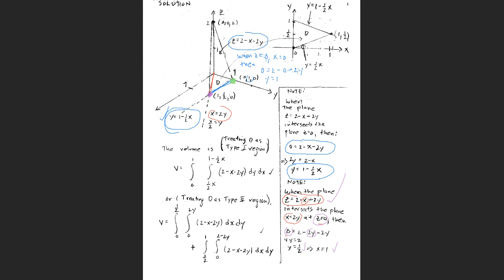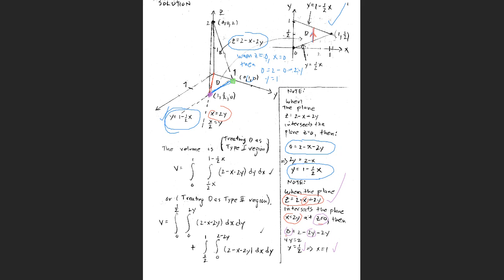Okay? So I'm trying to show you in some detail why this is true. Now, what's happening is we have this region D here. I redrew it here. If we treat the region D as a type 1 region, which is the right thing to do, because if you treat the region D as a type 2 region, you're going to need 2 double integrals, because of the shape of that triangle.